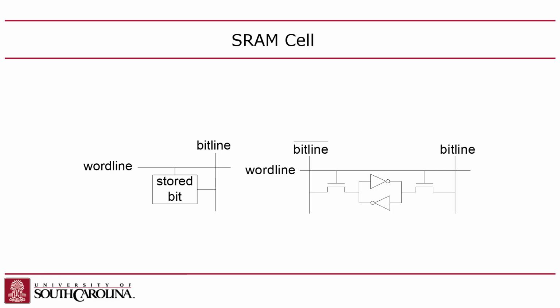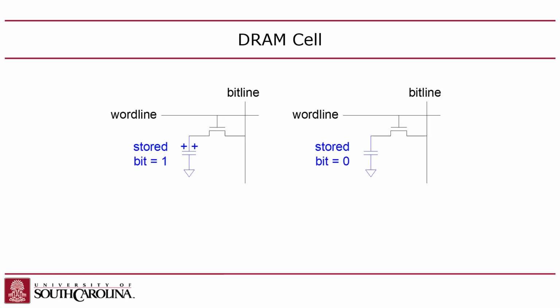An SRAM cell is 6 transistors per bit just for the cells. That doesn't count the decoder for the word lines, right? DRAM, on the other hand, is 1 transistor per bit. Transistor, capacitor, that's it, right?